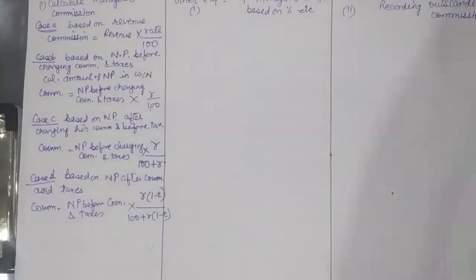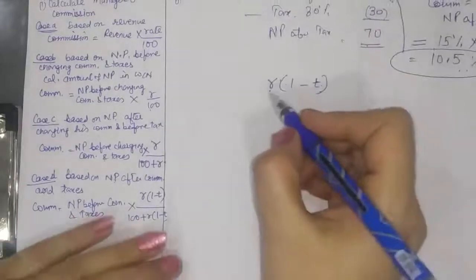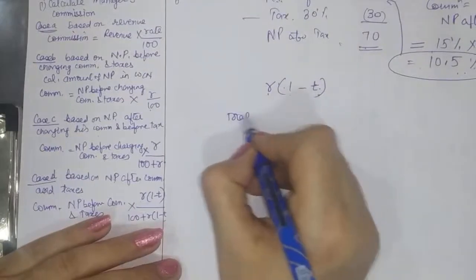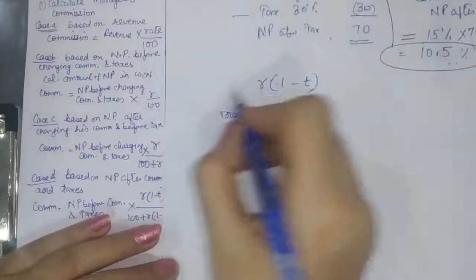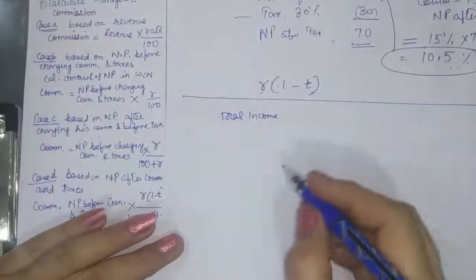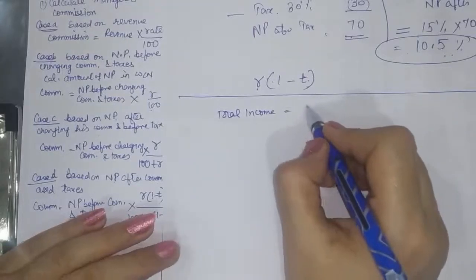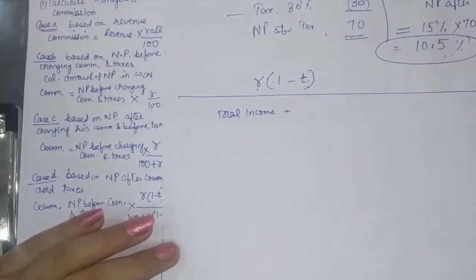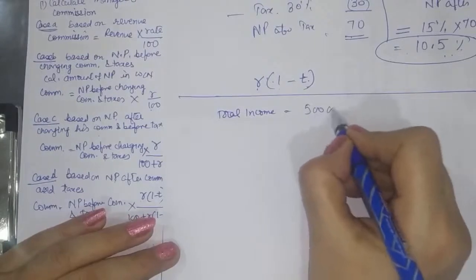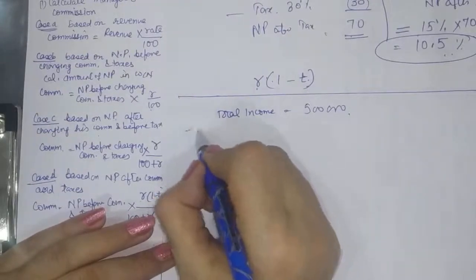Just understand it again. Now suppose the company's total income is, we'll explain all the cases, say 5 lakh rupees. Now expenses.